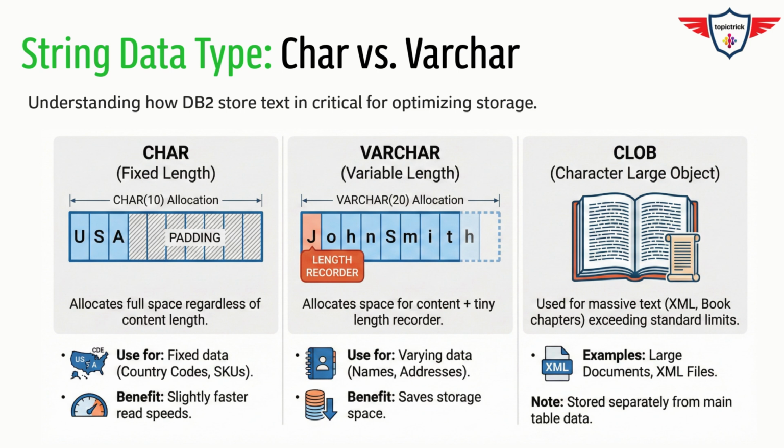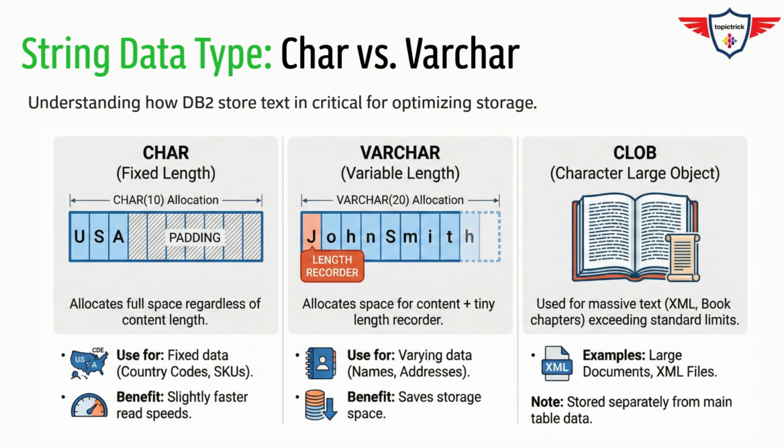So the rule of thumb is if the data length varies, like a name or address, use variable character. If it's fixed, use character. For truly massive text, like storing a whole chapter or an XML document, DB2 offers CLOB, character large object. These are for when you exceed the limits of a standard variable character.